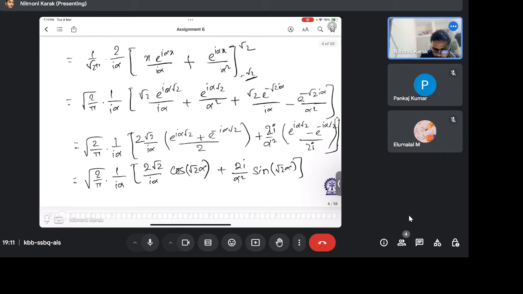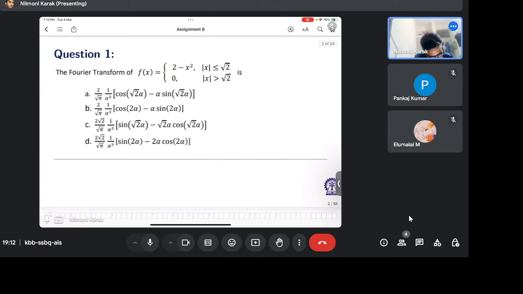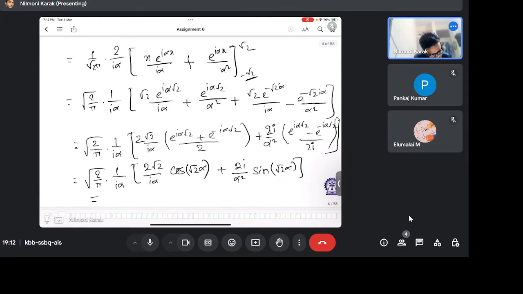Now for simplification, you can take common 2 root 2, and you have to make it 2 root 2 and 2 by root pi.